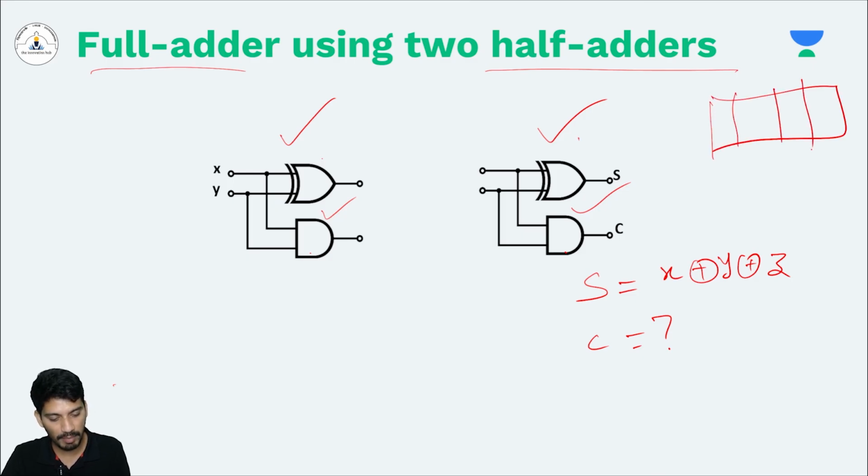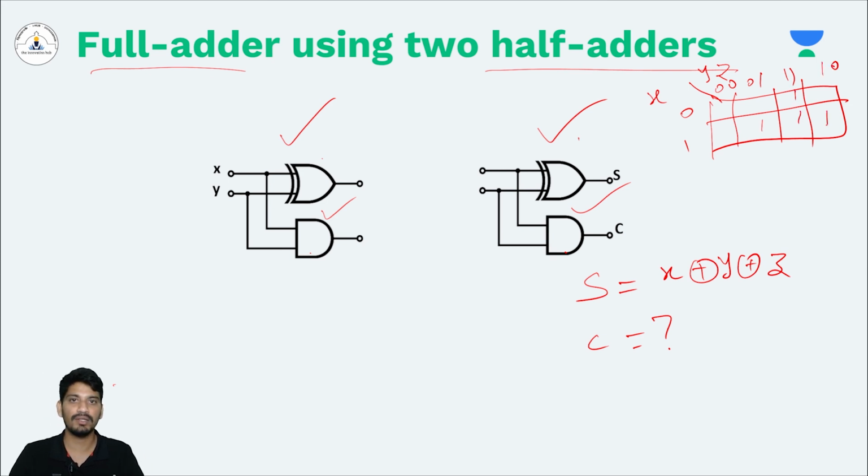If you remember the K-map, it is like this: x, y, z, with 0 1 0 0 0 1 1 1 and 1 0. C is 1 for these 4 cells, right? So let's try one more possible way of combination. I want to combine these two things and leave these two alone.